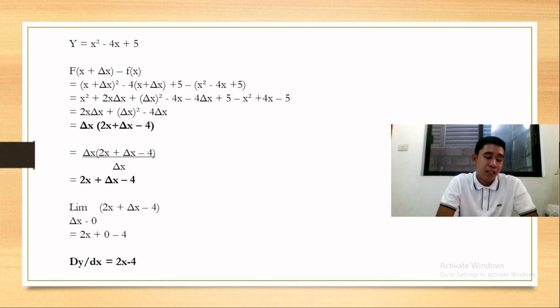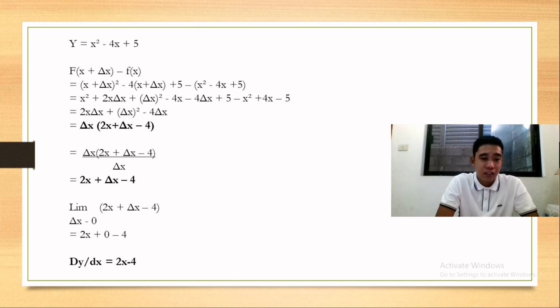So the answer will be delta x times (2x plus delta x minus 4). Divide that by delta x. So the answer will be 2x plus delta x minus 4.